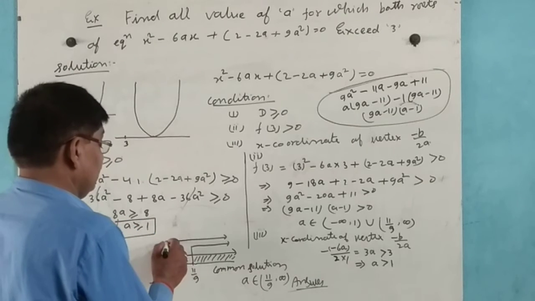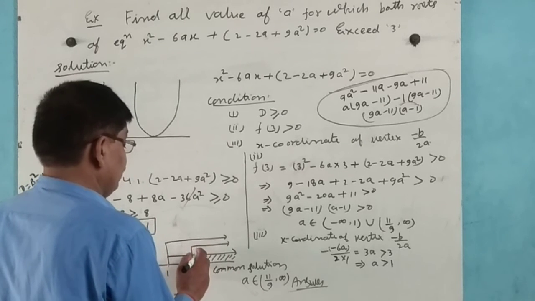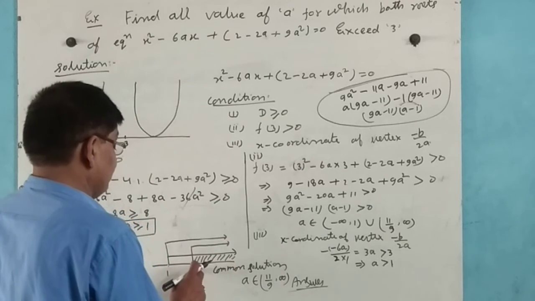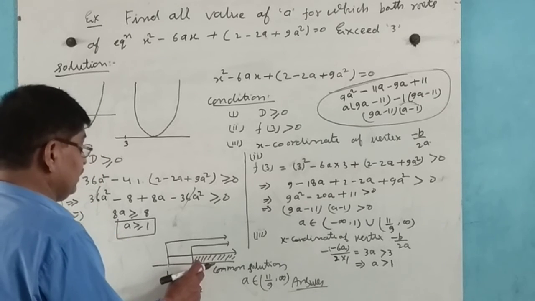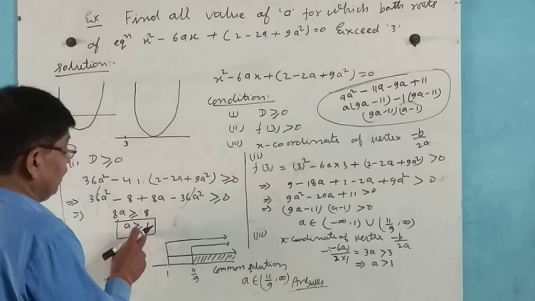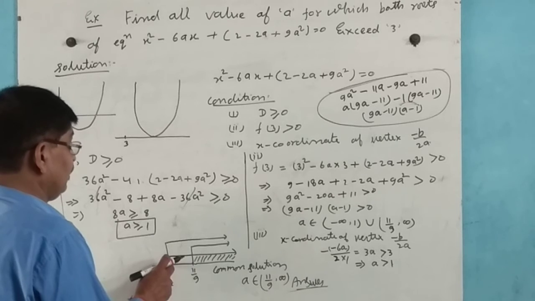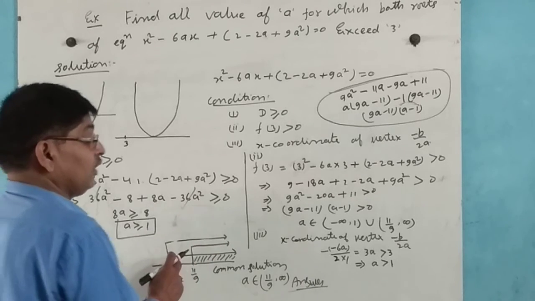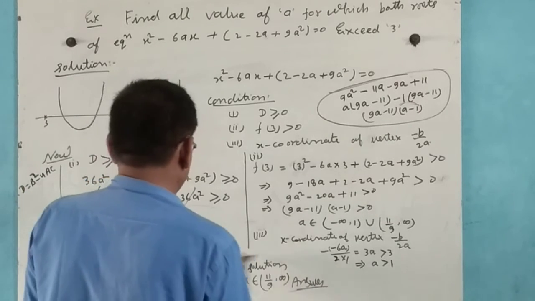this region, this region, and we take here this region, and 11 by 9, a equal to 1, a greater than 1 and equal to 1, and this is a greater than 1.